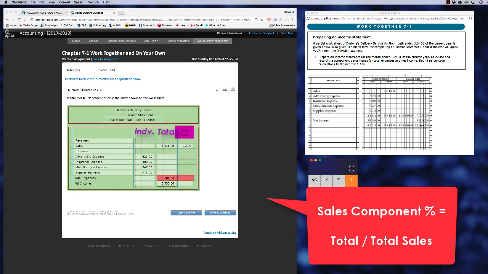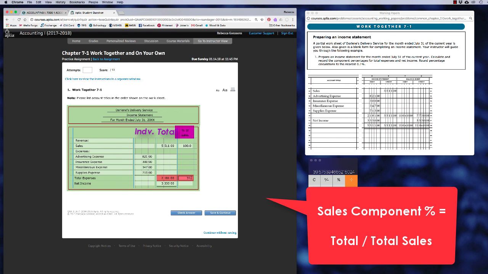The next total I come across is my expenses. So I'm going to take 2181. I'm taking that total and I'm dividing it by the component percentage I'm trying to find. I'm trying to find sales. So divided by 5511, my sales number, and multiply that by 100 to convert it to percentage, and I get 39.6 if I'm rounding up.